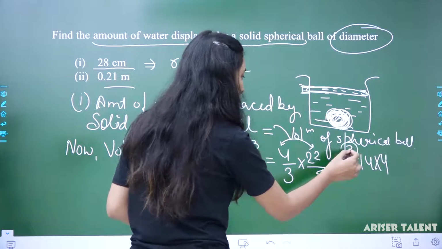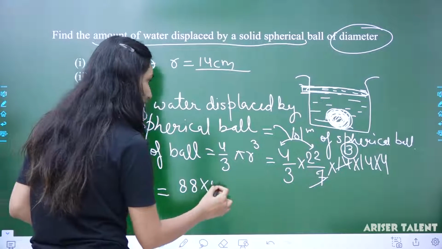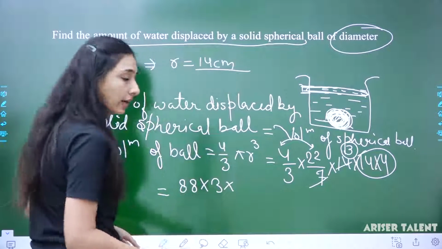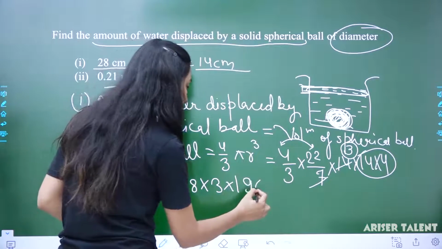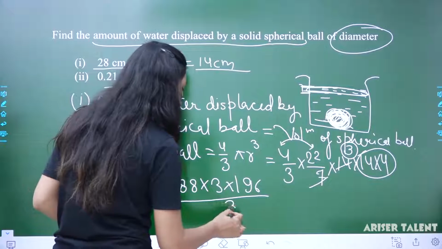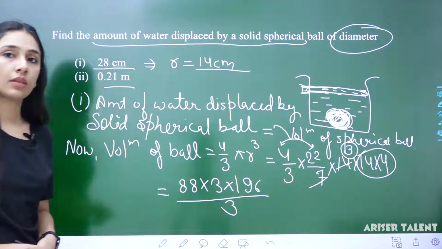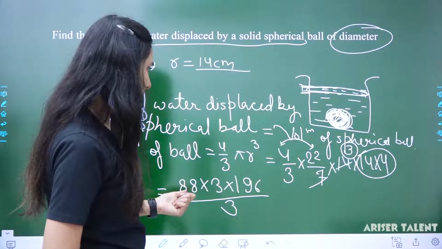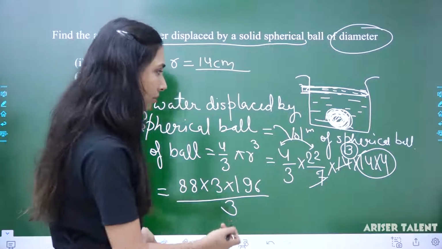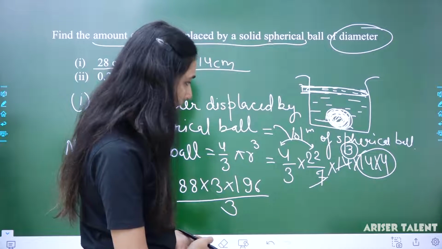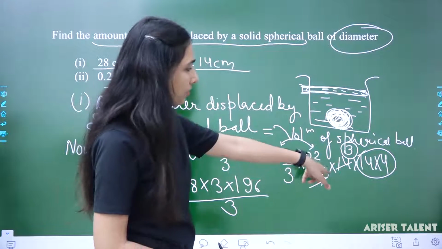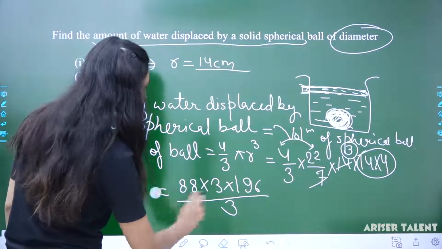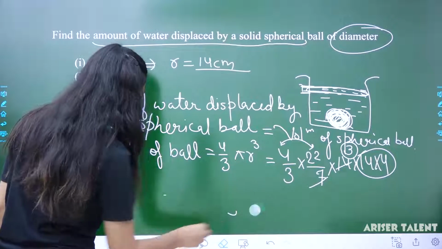You will be getting 3. Here you will be getting 14 square, which is 196 multiplied by 3, divided by 3. No, there are some misunderstandings in our calculation.